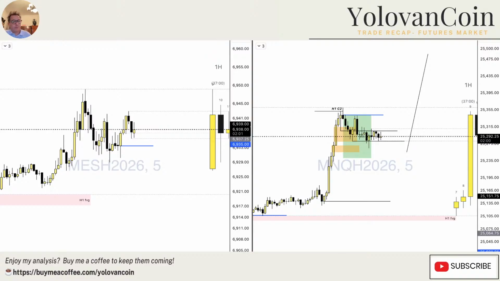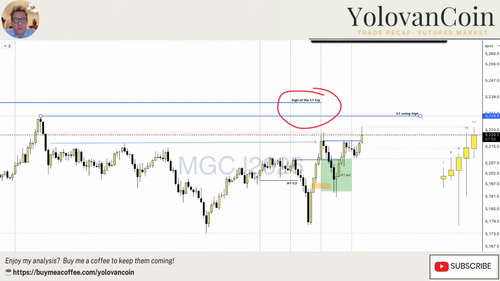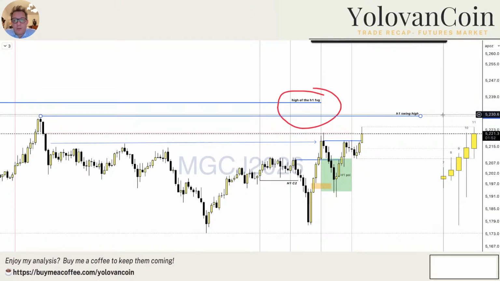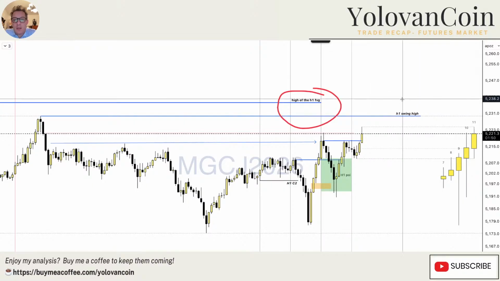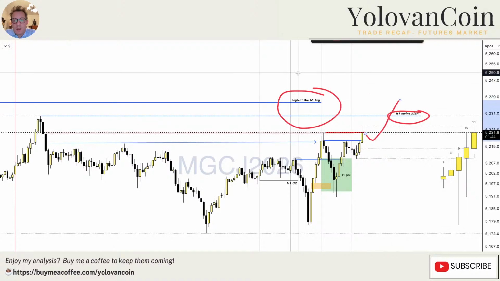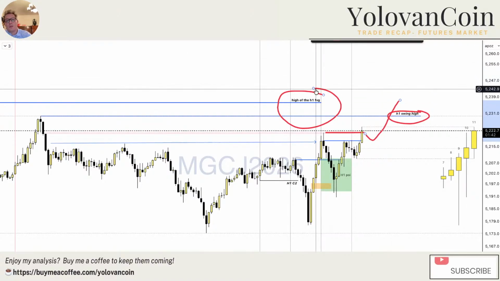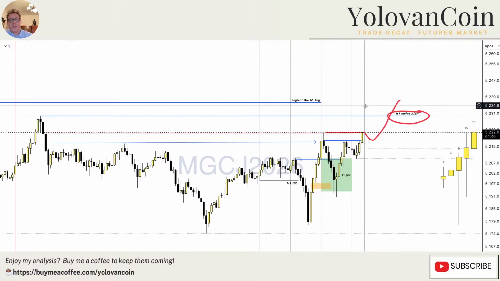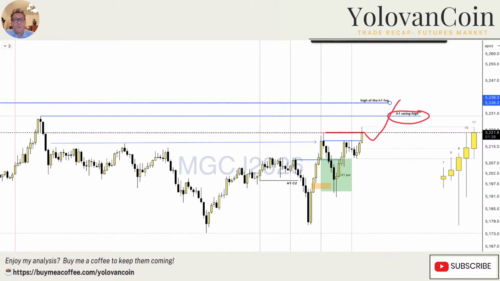Well, as I mentioned, the trade on gold, where you put your stop loss, probably this is gonna be taken. Right now we took out this, something like that can happen. For me, the risk reward is not worthy enough.